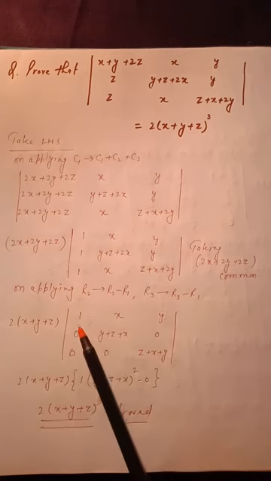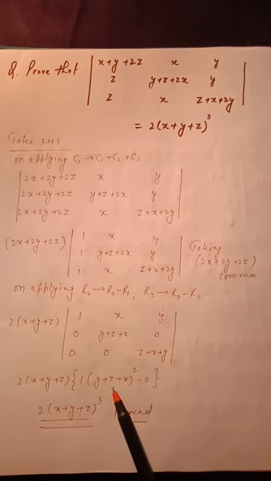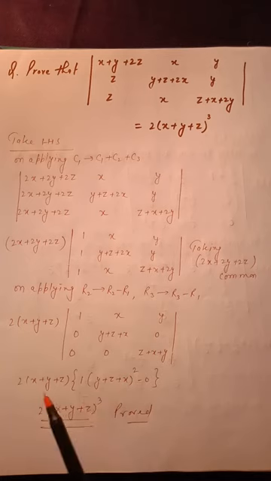Now these two elements are 0, so write down 1 here, delete this row, this into this square, minus 0, and this is 2x plus y plus z, so it will become 2x plus y plus z whole cube.